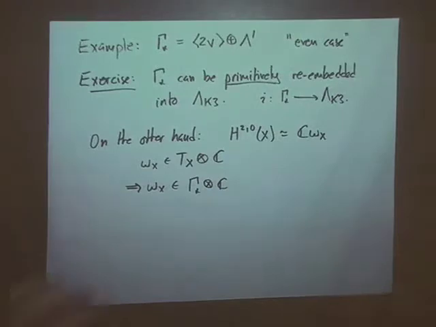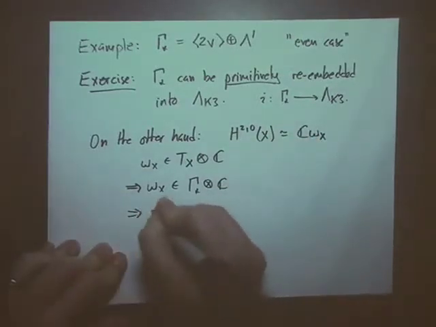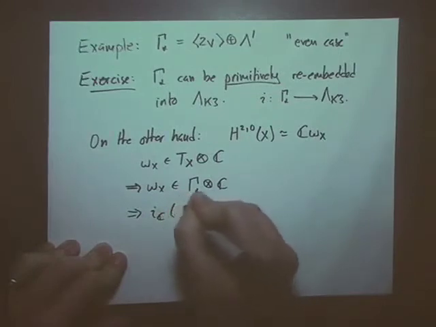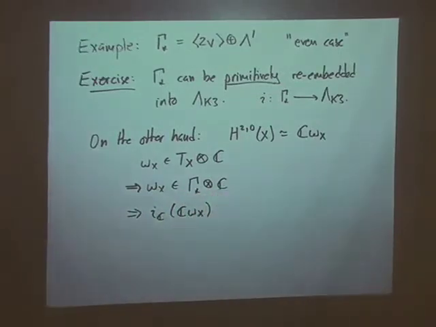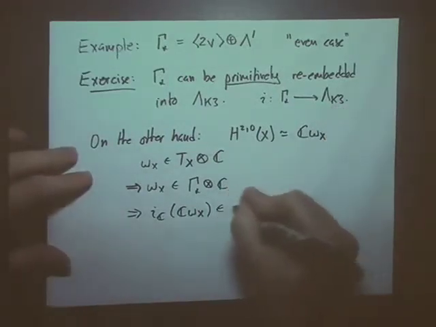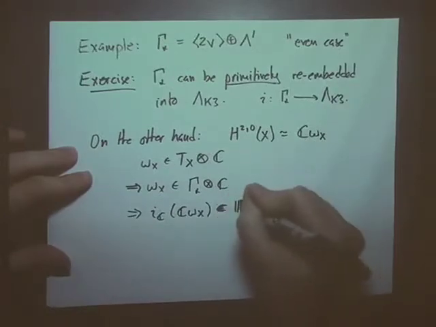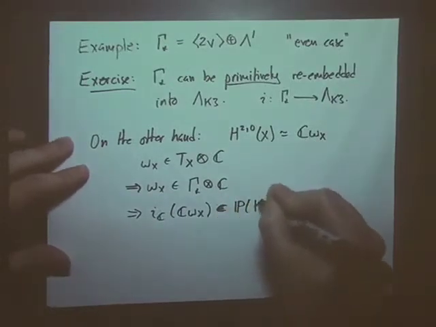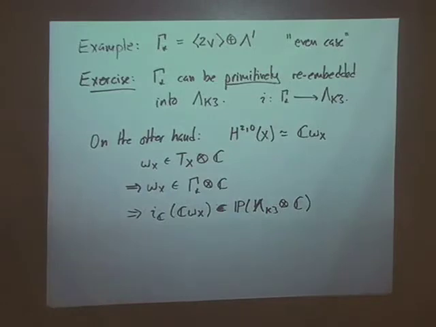And so now I have this embedding, I can look at its complexification. So I look at this C, and I look at the image of this line, and in the projectivization of, so this is a point inside P of lambda K3 tensor C. But it's not just in this projectivization.